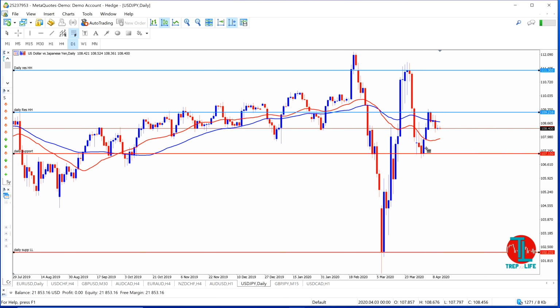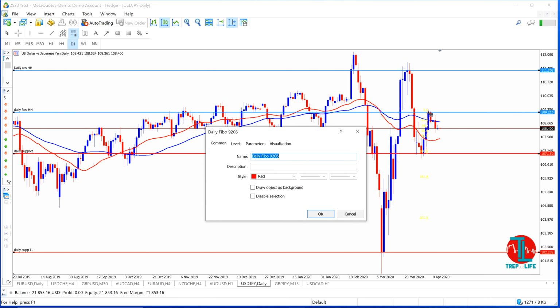So what we're going to do is we're going to draw a fib from this level to that level there. I'm going to make this pretty simple. Doesn't have to be complicated.